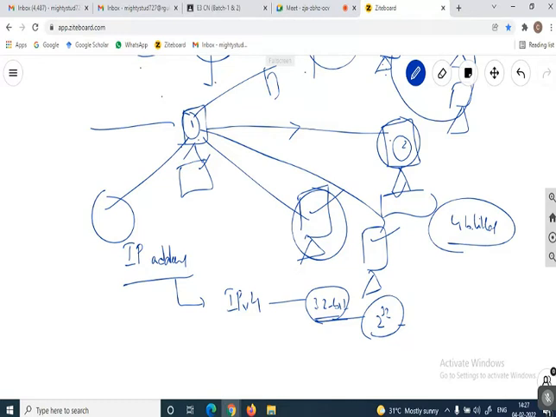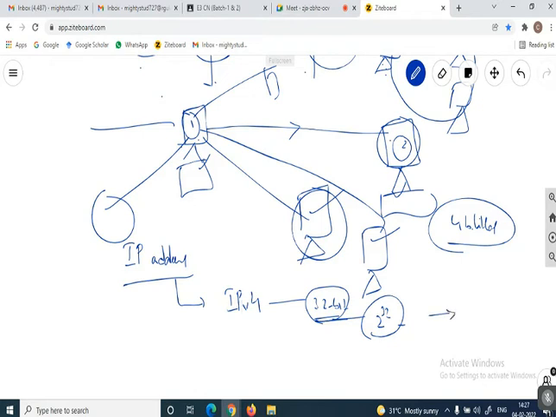Now, as everything is digital, another version has been implemented to represent the IP address. Practically it is not yet deployed, but the version is ready.